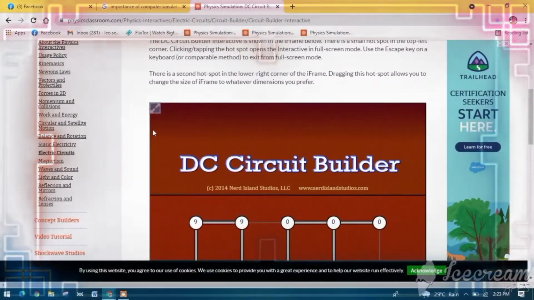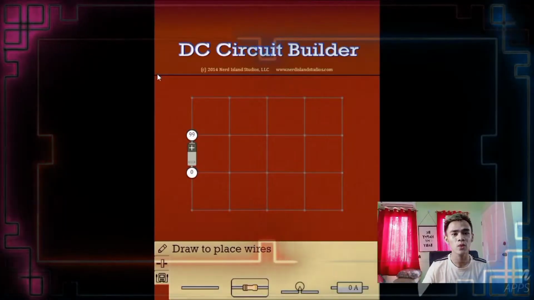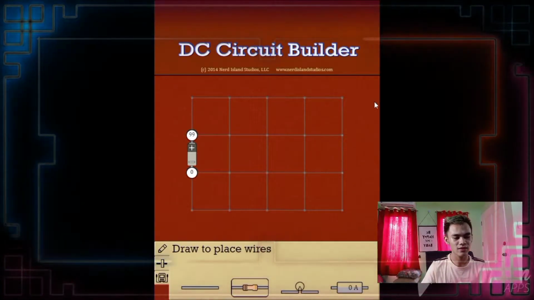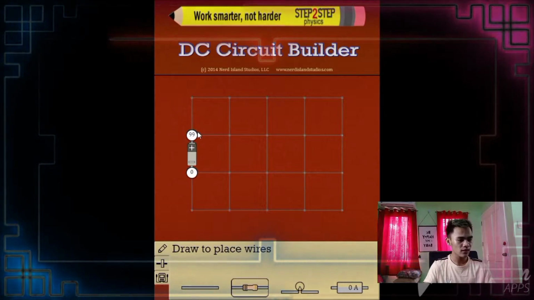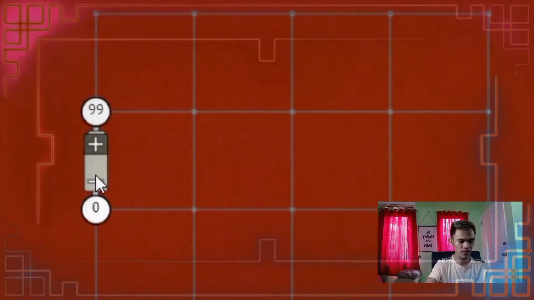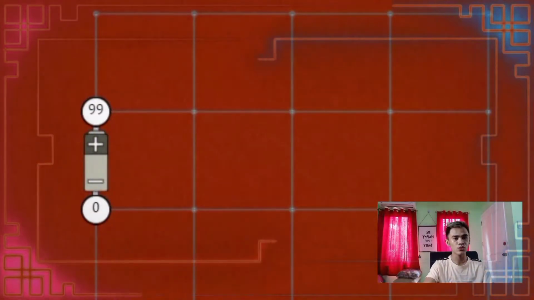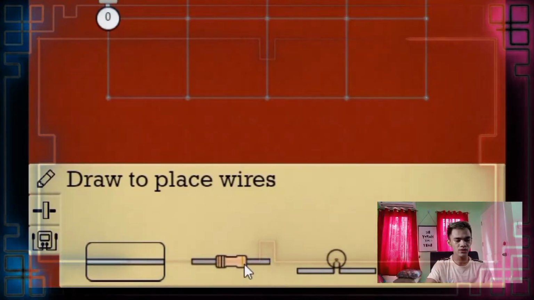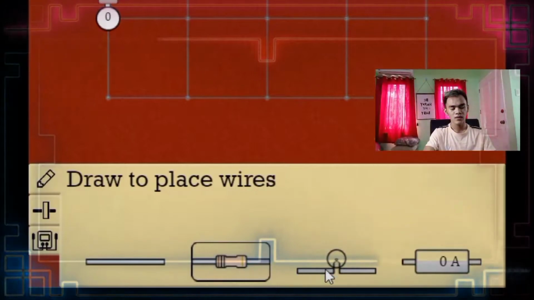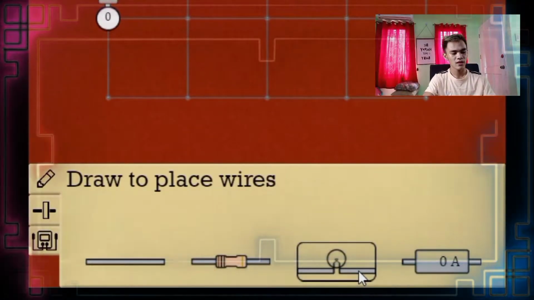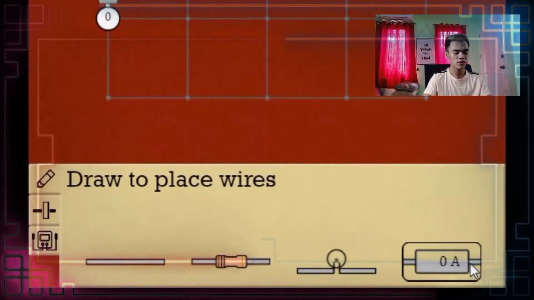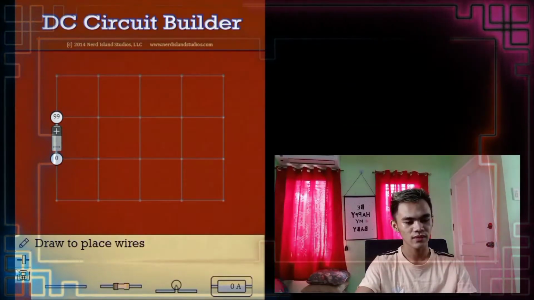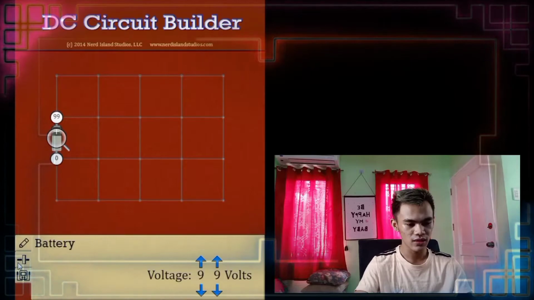Alright. So now let's explore the features of this simulation. As we can see, these are all blanks and we have a source, or so-called battery. We have here wires, a resistor, a bulb or light bulb, and an ammeter.